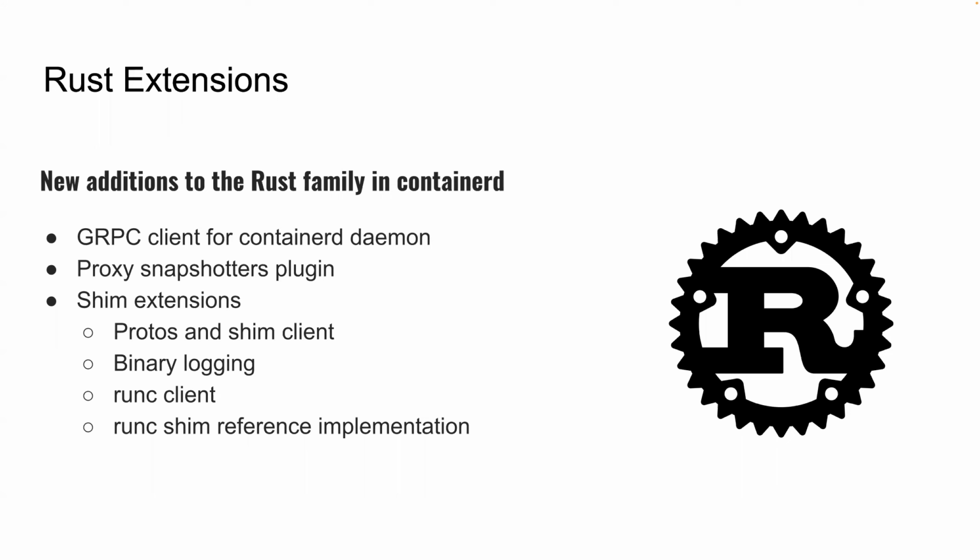But when we start talking about various different plugin processes and shim instances, things like the runtime overhead of Go become more of a conversation piece. We're not talking about a single instance, but multiple instances of these shims and plugins, and the whole Rust ecosystem being built up around it.